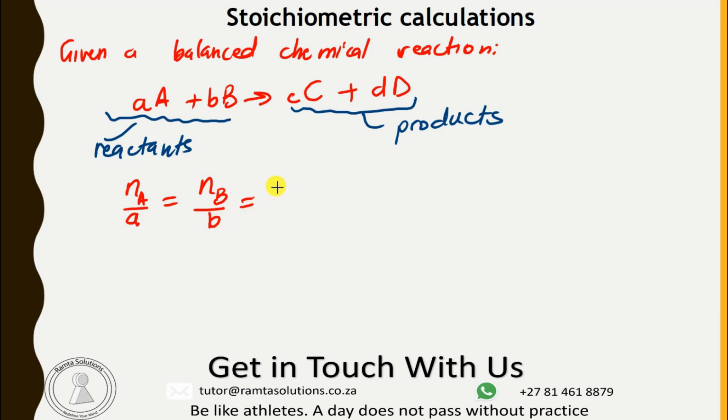It's also equal to the ratio of the number of moles of substance C over its coefficient, which is also equal to the number of moles of substance D over its coefficient. So you don't need to write all of these as they are. You can just say, if you are given substance A, you can find substance B, you can find substance C, you can find substance D.